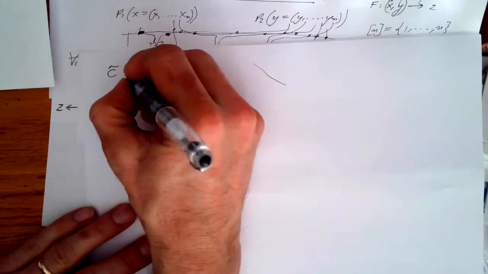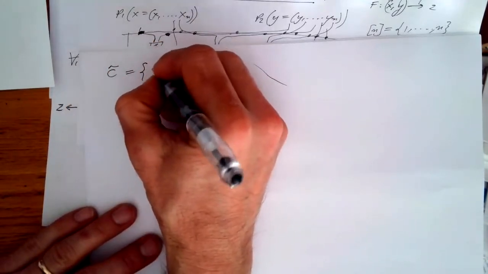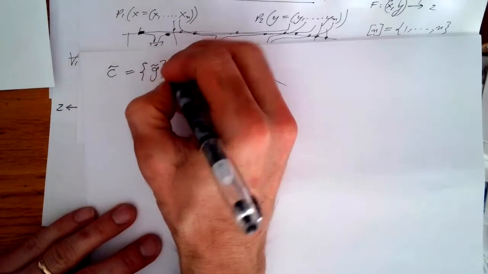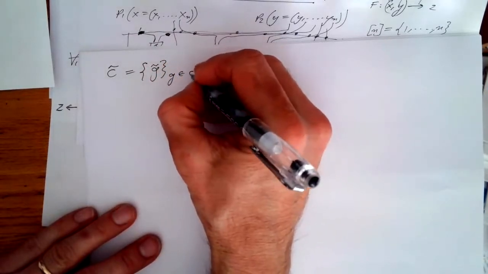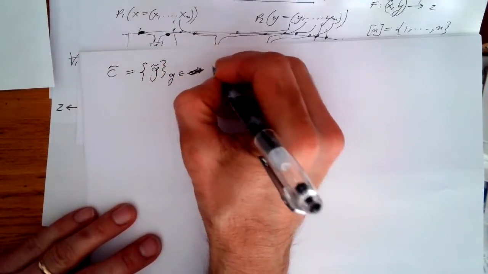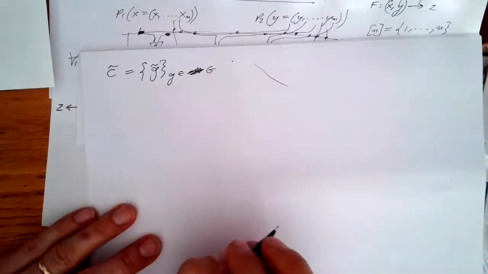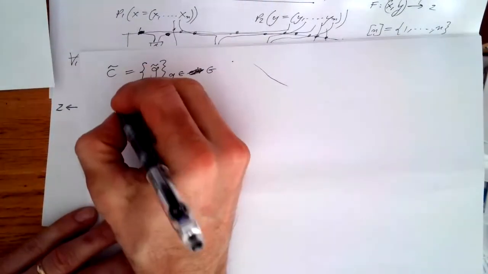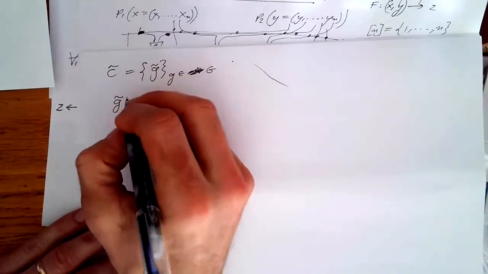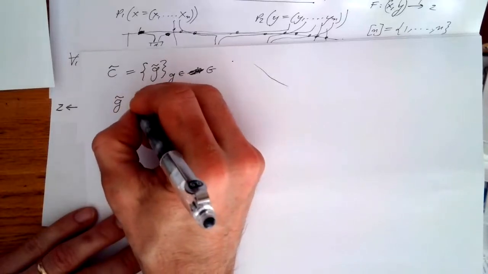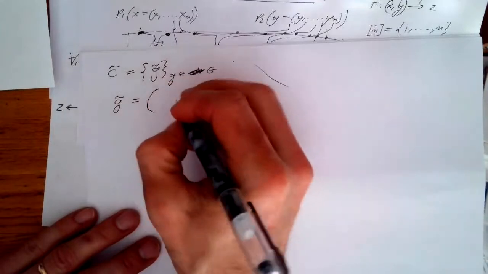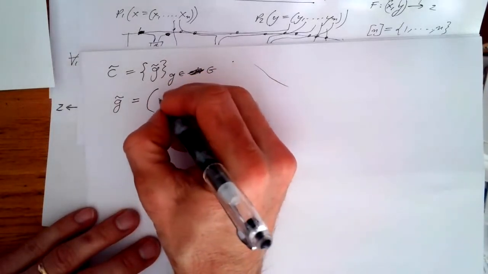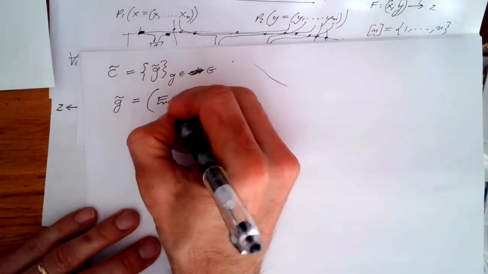The garbled circuit is just a set of garbled gates for each gate in a circuit. Okay, so G hat is simply a set of 4 ciphertexts, an encryption.